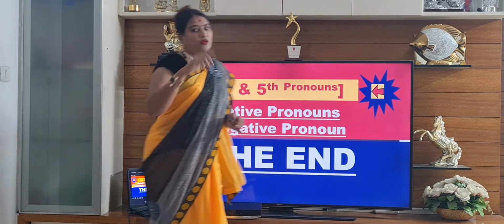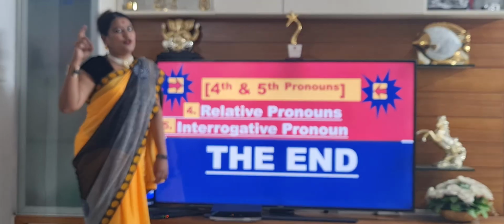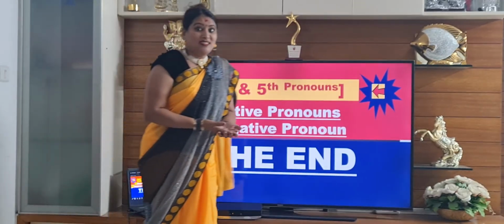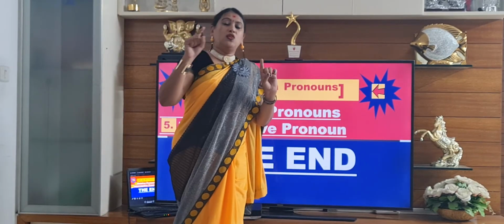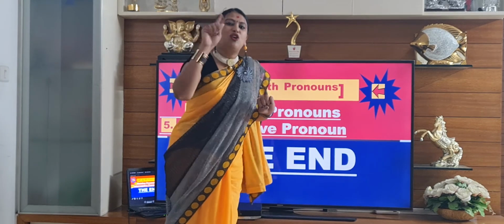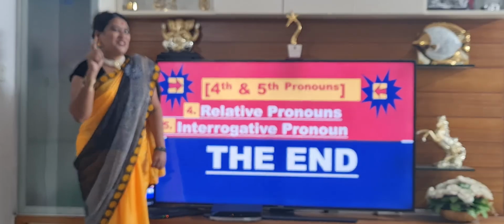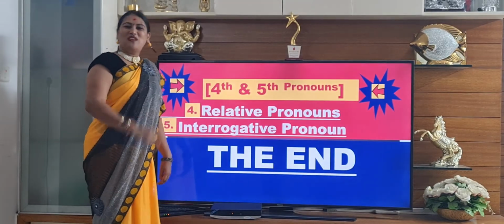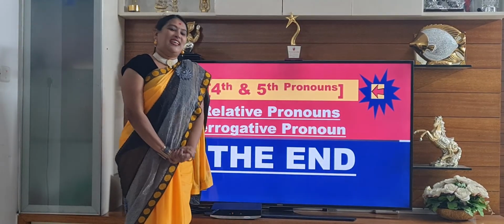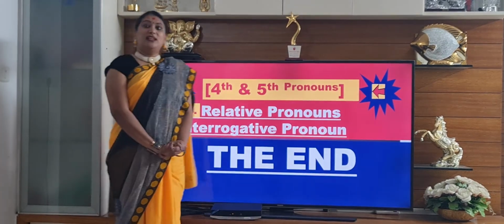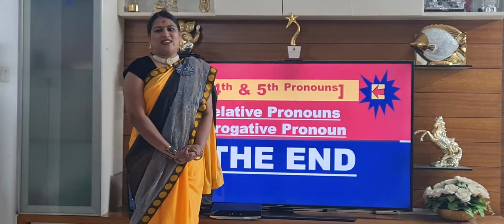Got it, dear? So when a question is asked, it will end with a question mark. When you get a satisfactory answer, the sentence will end with a dot. I hope it's time to give a full stop to our presentation. I hope by now you have understood. Next time I'll come up with the 6th and 7th pronoun.